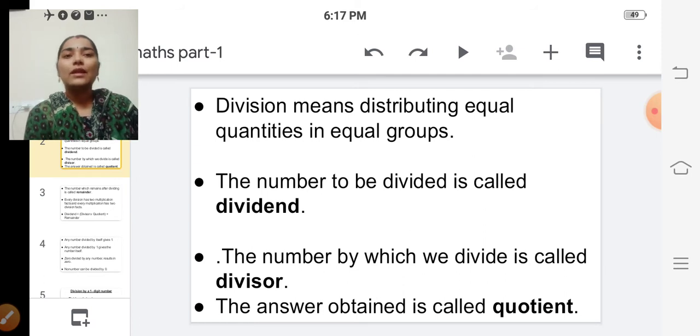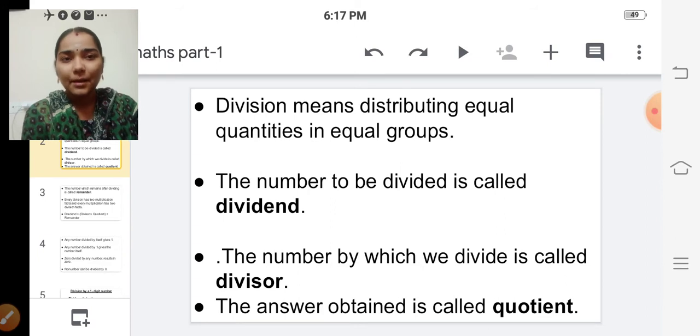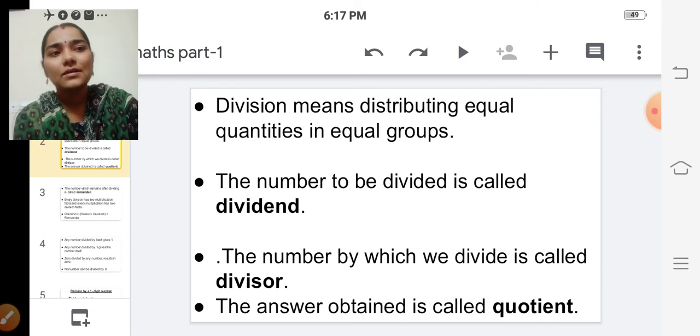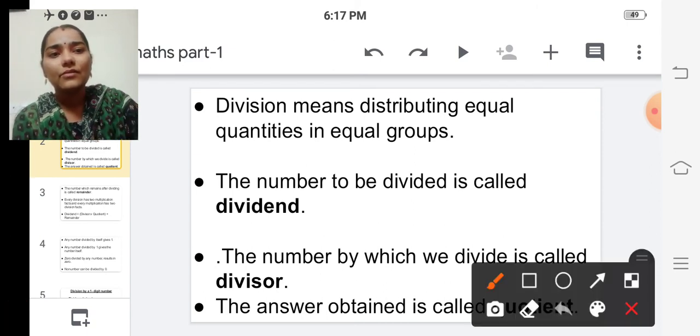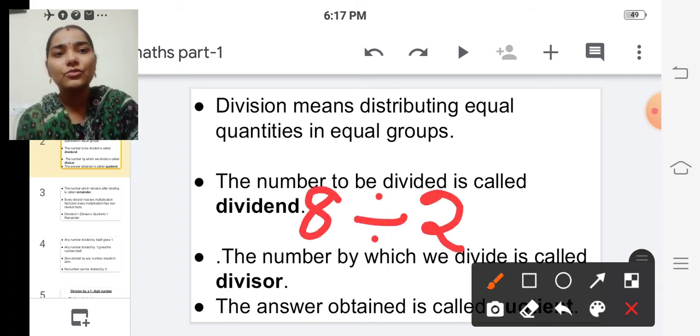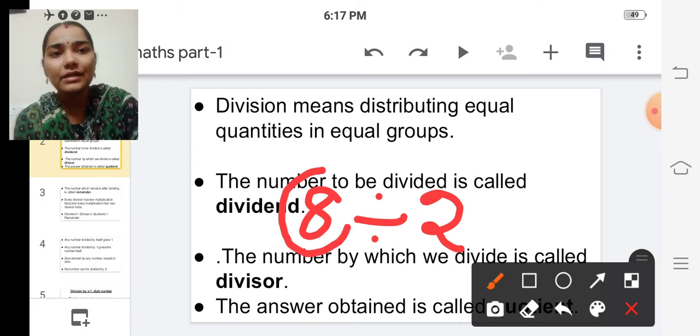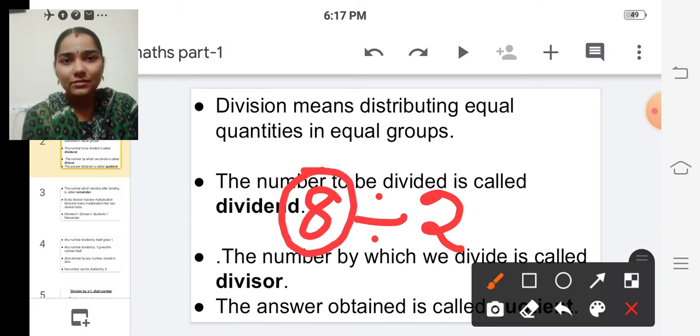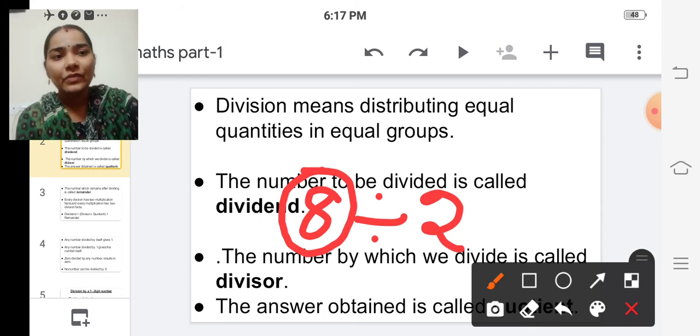The number to be divided is called dividend. For example, 8 divided by 2. The number to be divided is called dividend. The next one is the number by which we divide is called divisor.